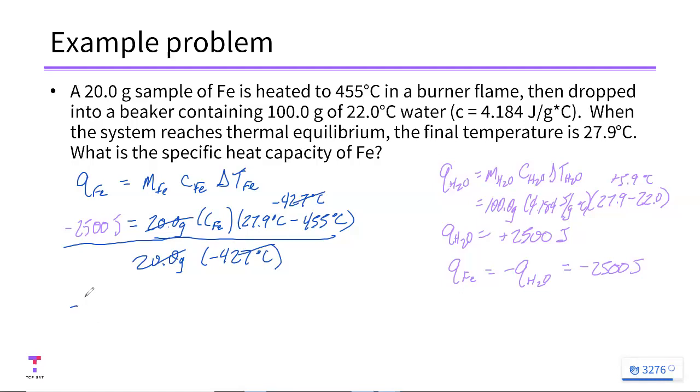On this side, we have the basis for the problem that we're trying to solve. So what is negative 2,500 divided by 20.0 divided by negative 427 to two significant figures? It's 0.29 joules per gram degrees Celsius.